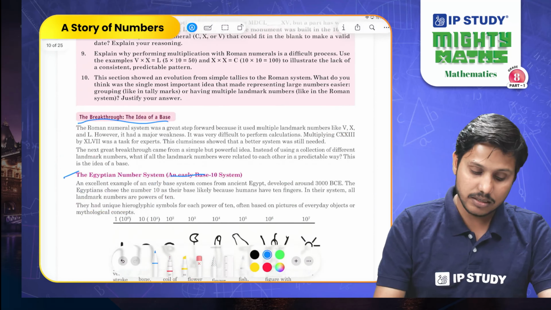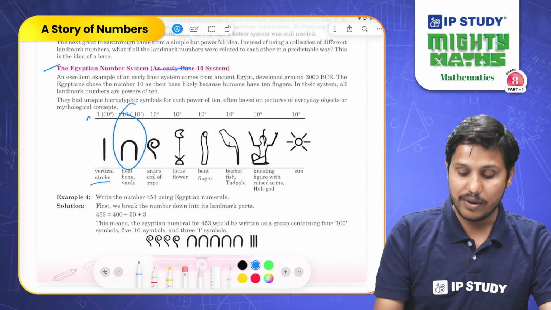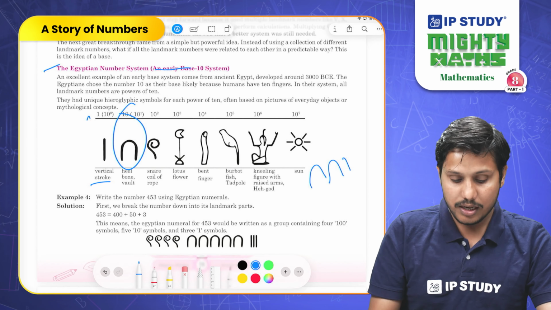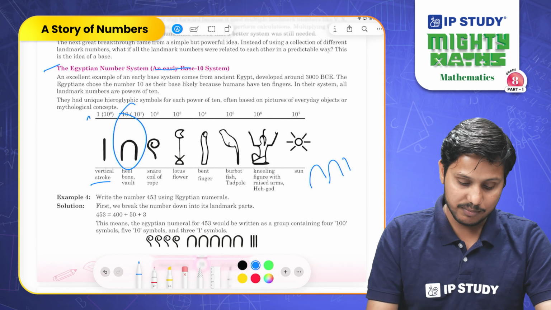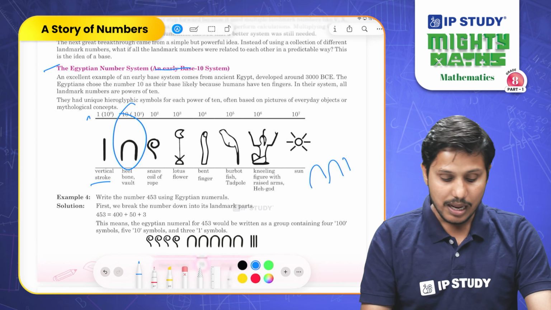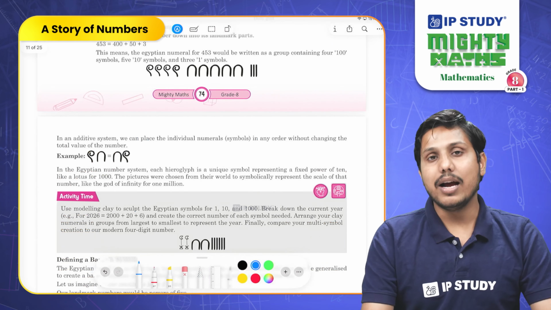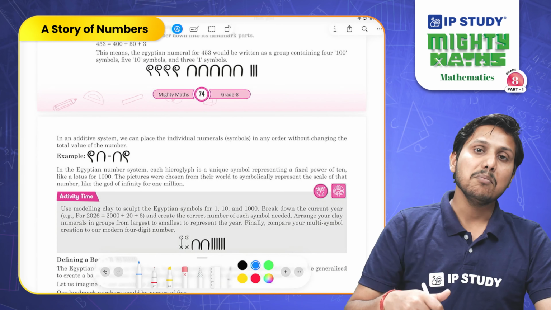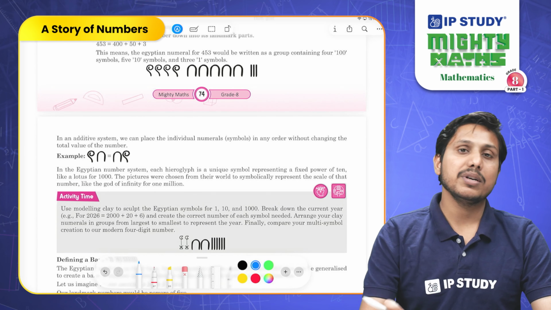Let's suppose if I want to write 11, then we can use 10 and 1. If I want to write 21, then we can use 2 symbols of 10 and 1 symbol of 1, which will be added together to form 21. But it also has a disadvantage: for larger numbers we have to use multiple symbols to represent them.